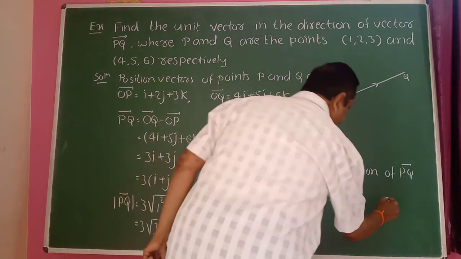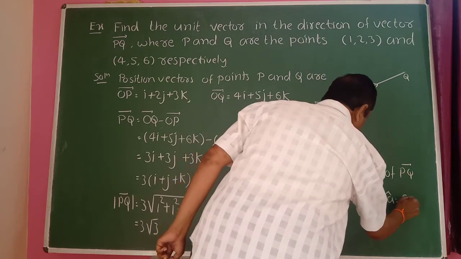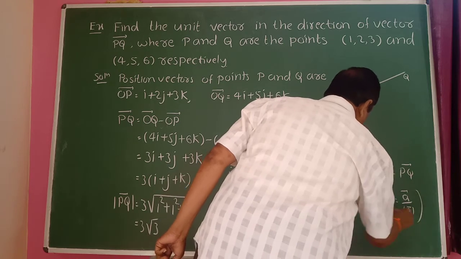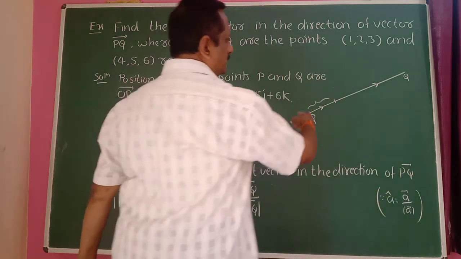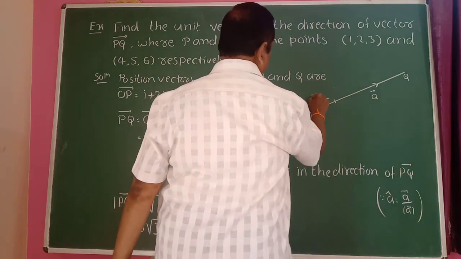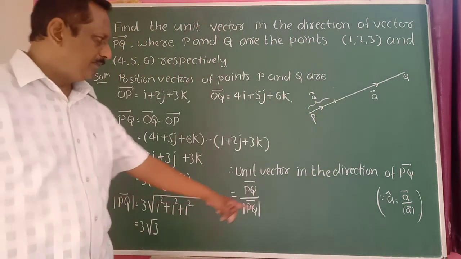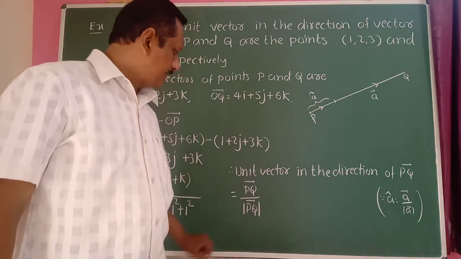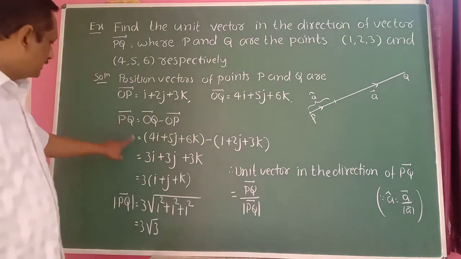You are using the same formula: A cap is equal to A bar divided by modulus of A bar. Using this formula, suppose you consider this vector as A bar, then this becomes A cap. It is A bar divided by modulus of A bar, meaning PQ divided by modulus of PQ. The vector PQ is this one here.